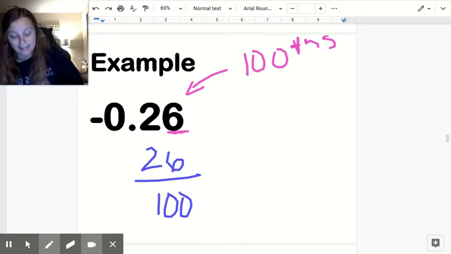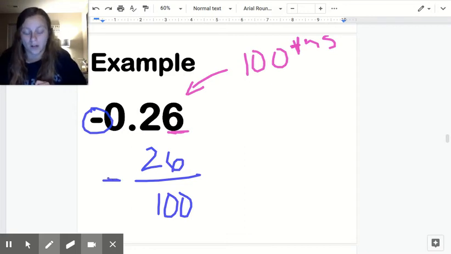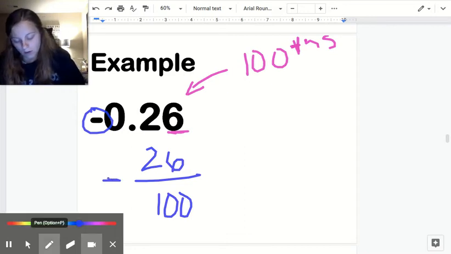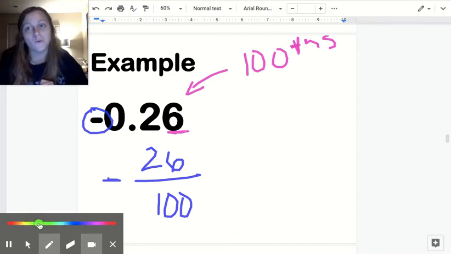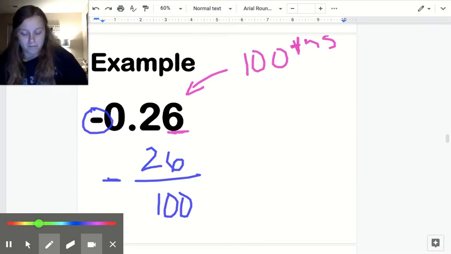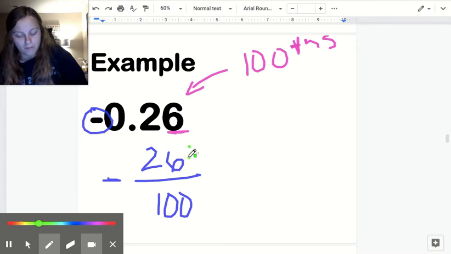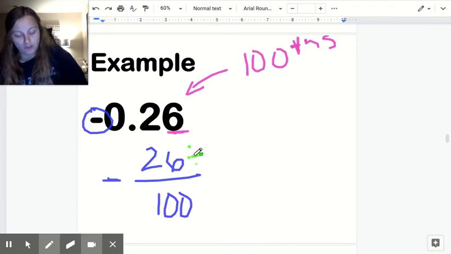It was a negative, so I've got to make sure I bring that negative down with me. So negative 26 over 100. But we also have to simplify if we can, which 26 and 100 are both even numbers. So I can divide both of these guys by 2.